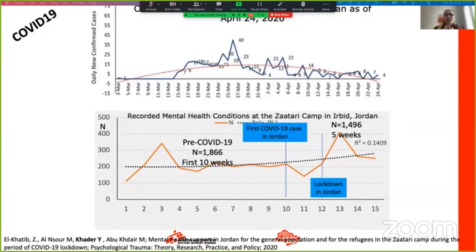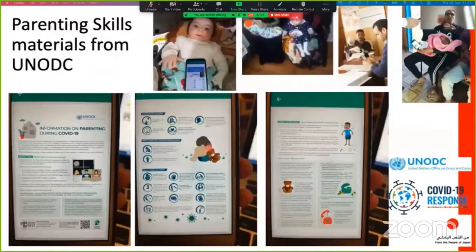So here we integrated the parenting skills material into the app, where we enrolled 1,100 children. That was done in February and March of 2021, this year. Parents also informed us that they trust the app and they can access the internet, but they don't know what to trust anymore in terms of COVID-19.